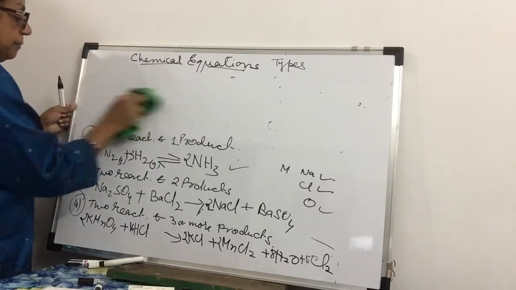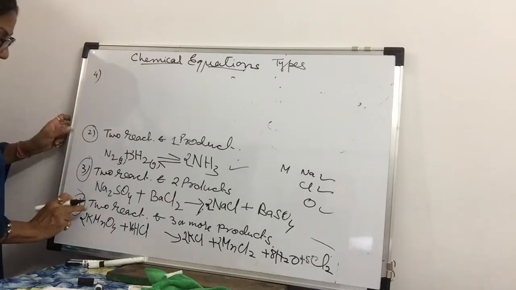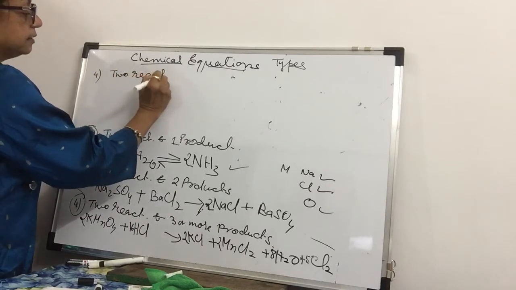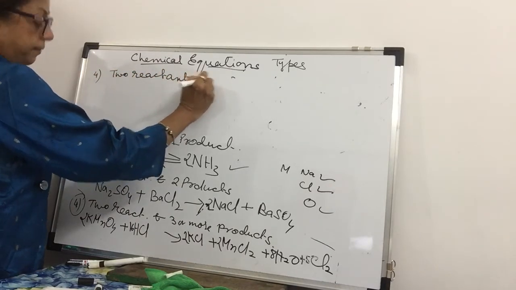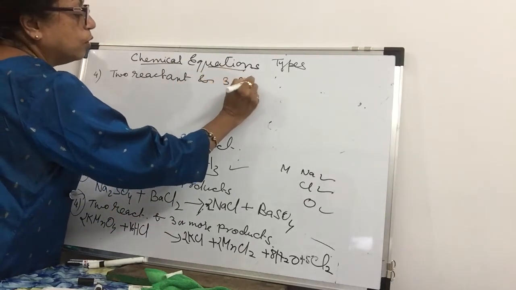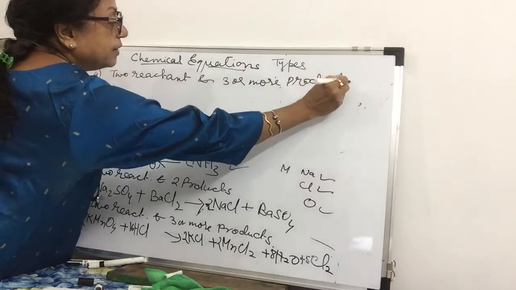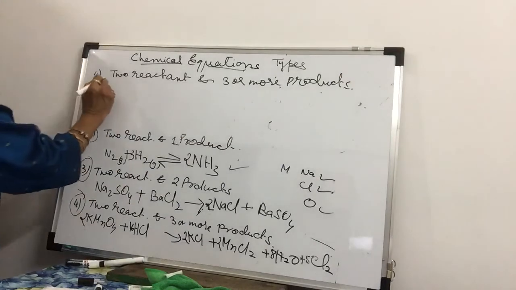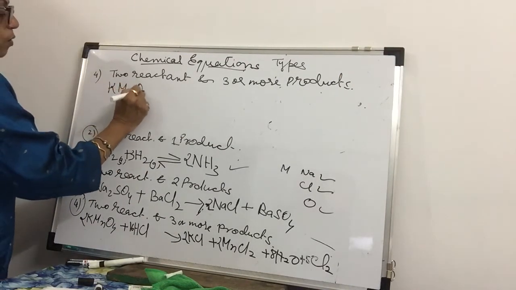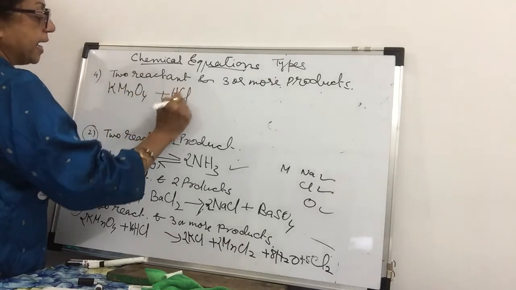Now the reaction will be like this. The fourth one we are doing is 2 reactants and 3 or more products. So here what we do is, we will take potassium permanganate, KMnO4, and here we have hydrogen chloride, HCl.